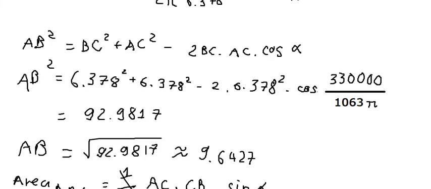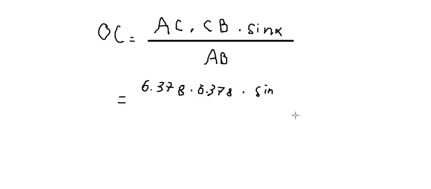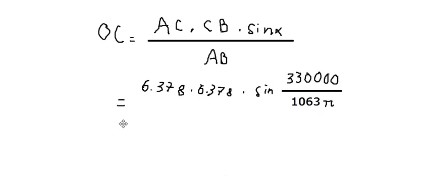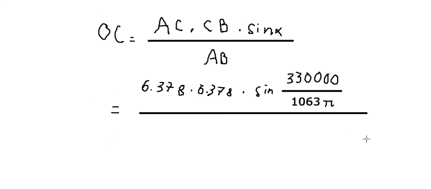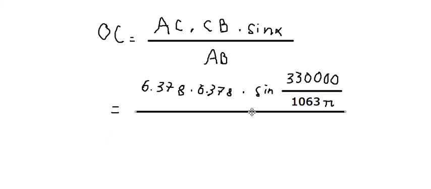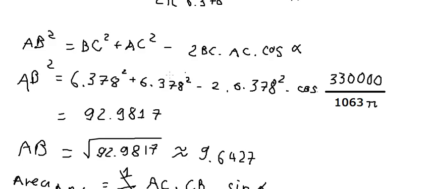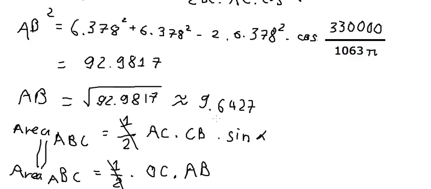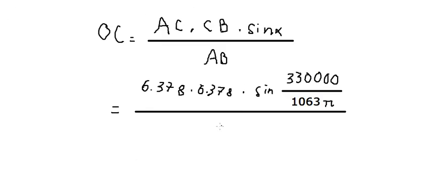Alpha, that's this one. AP, that's about 9.6727.